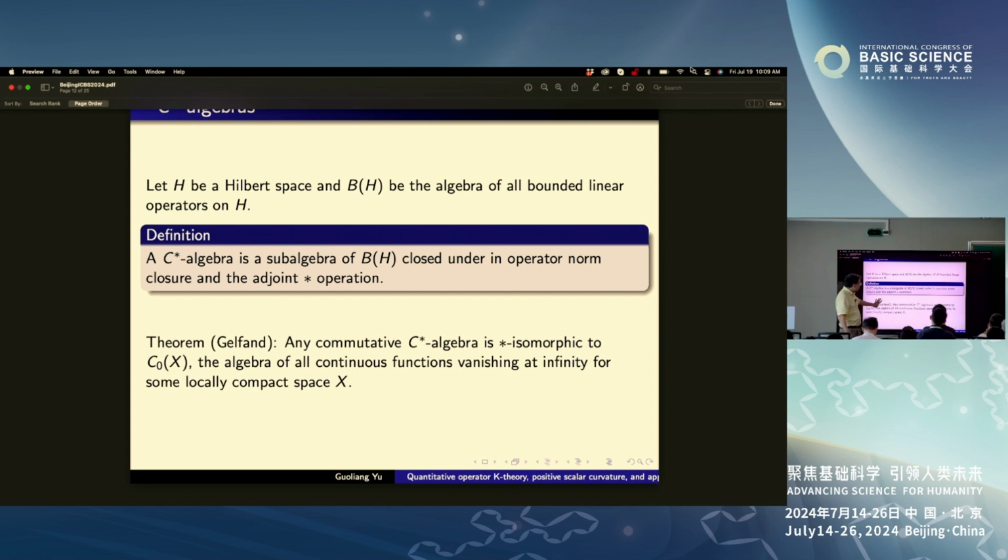So in spirit, studying commutative C-star algebras is equivalent to studying locally compact spaces. Essentially every problem in topology can be translated to this language, though of course it does not always help. This subject of C-star algebras is sometimes called non-commutative topology or geometry.